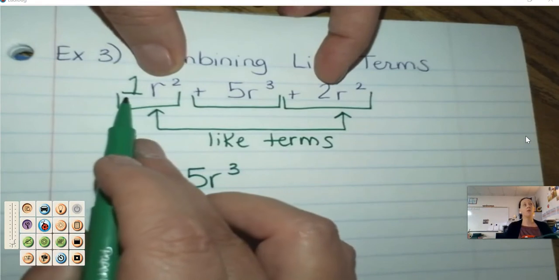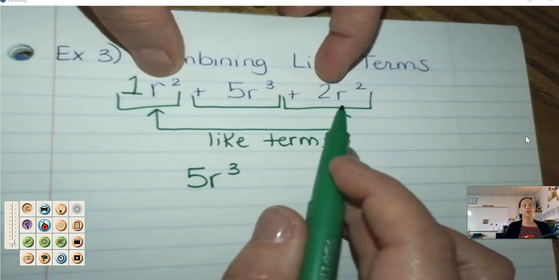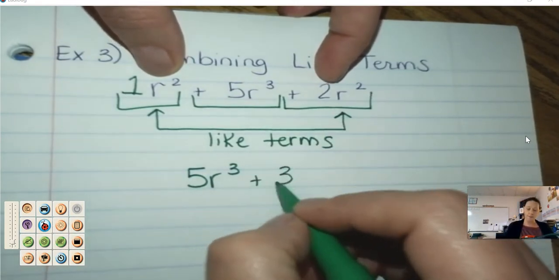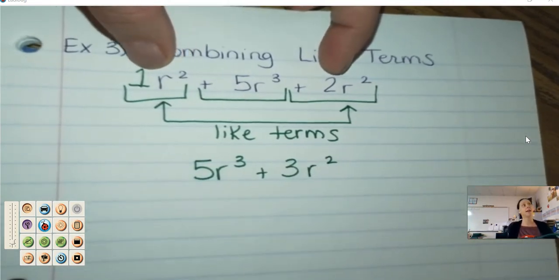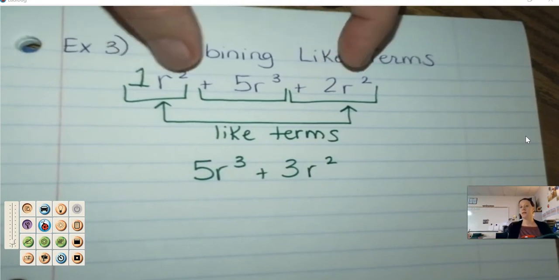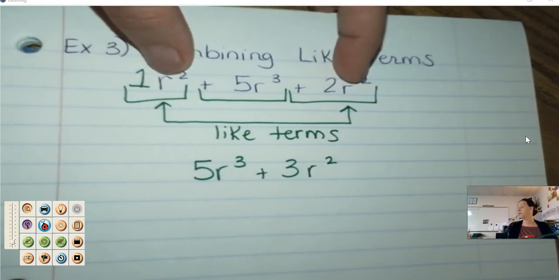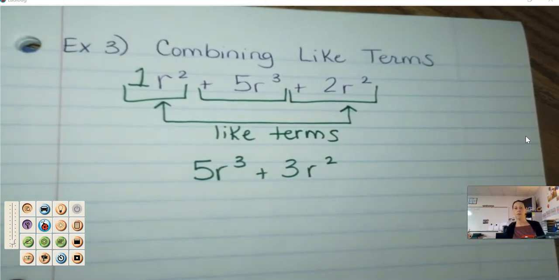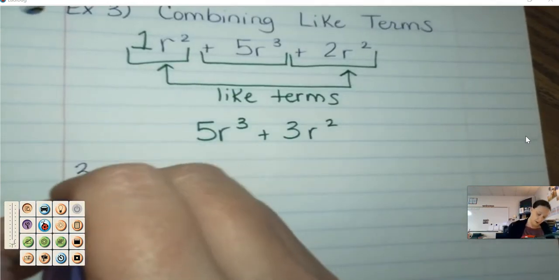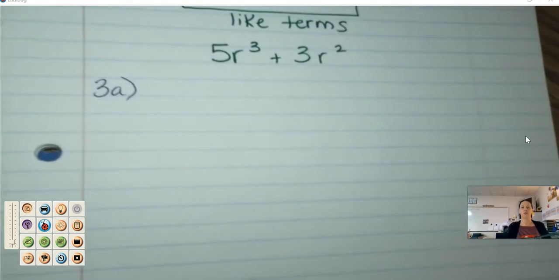If I already have 1 r squared, and then I add on another 2 r squareds, I now have 3 r squared. So you're just adding up the coefficients, and the variable and the exponent on the variable stay there. We're going to practice that. We're only going to do 1 today, and then we'll finish this tomorrow.